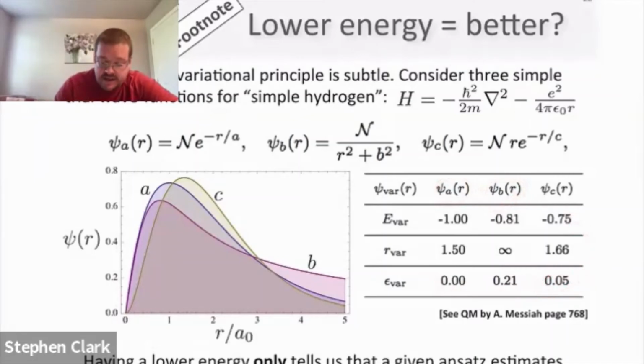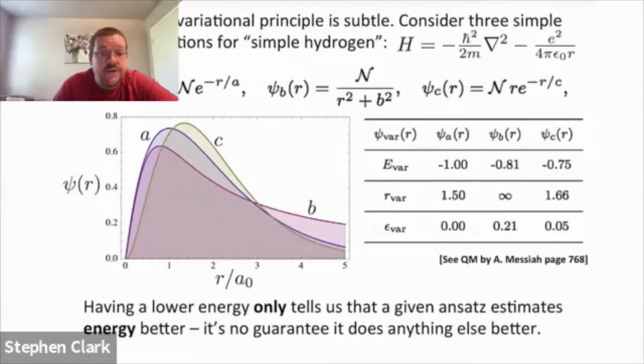Well, the reason for that is because of the tails of these wave functions. B reproduces the behavior better at low values of R, and in hydrogen, the energy of the atom is dominated by what happens close to the origin, because that's where the Coulomb interaction is strongest. But it gets the tail wrong. So B gets the tail badly wrong, but C gets the tail almost right. It's not completely right, but it's much more realistic.